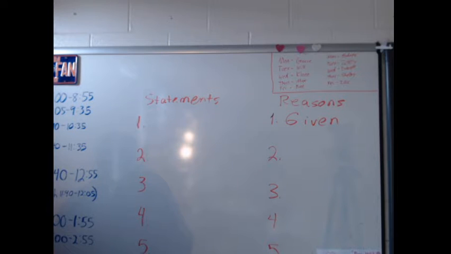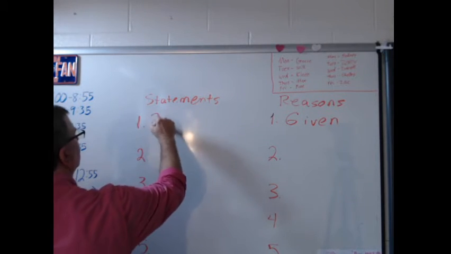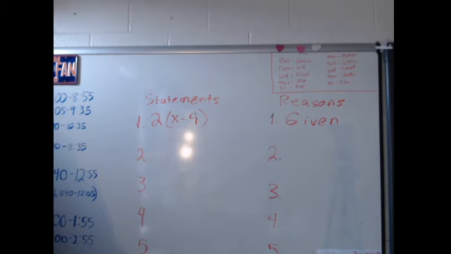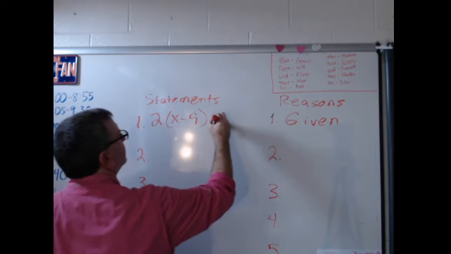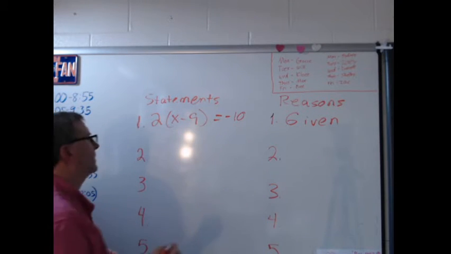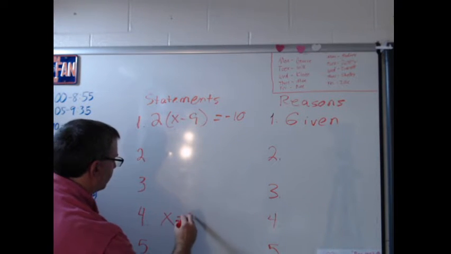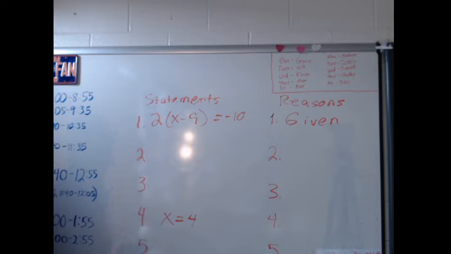Okay, question 2. I have 2 times x minus 9 equals negative 10. That's given. It's a 4-step proof, and I'm asked to prove x is equal to 4. So what do I do with the 2?